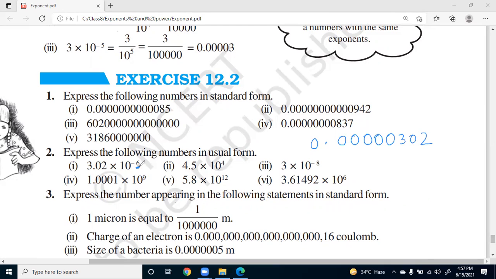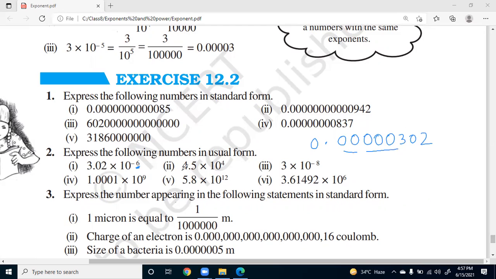See, 10 raised to the power minus 6 means 6 digits towards the left direction. So 3 is 1 digit, then I have put 5 zeros.